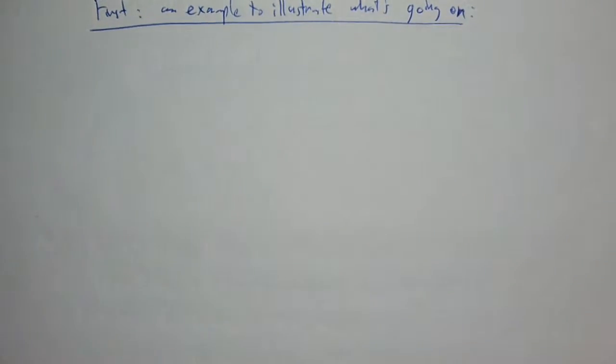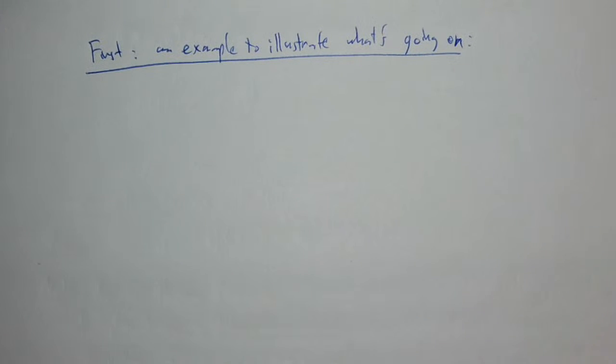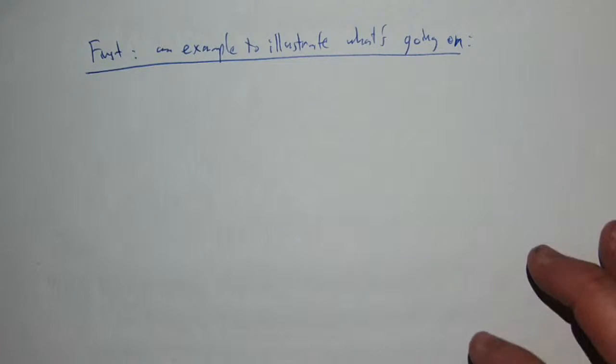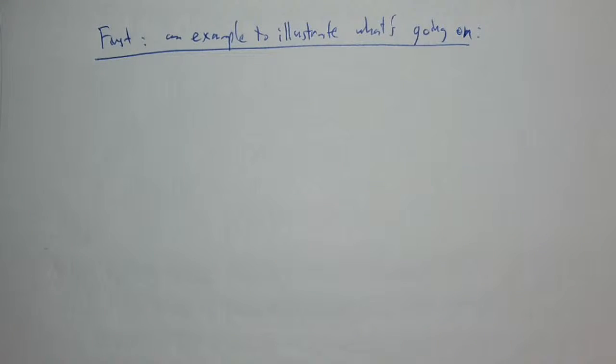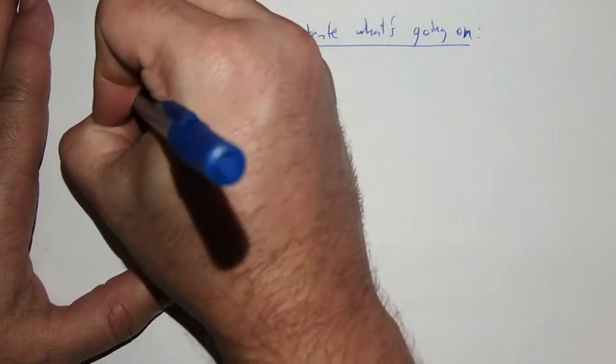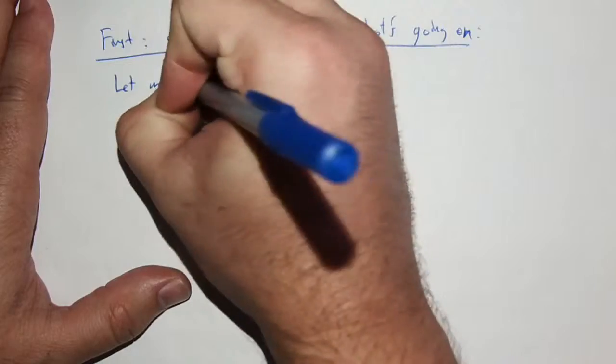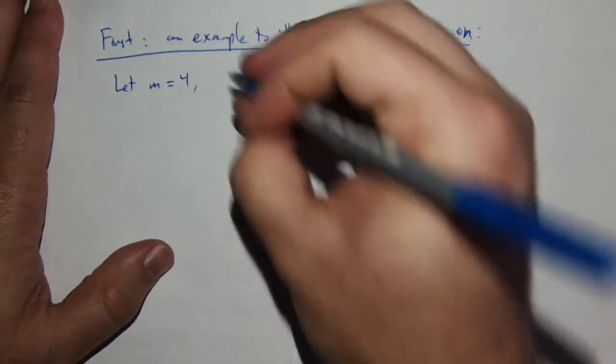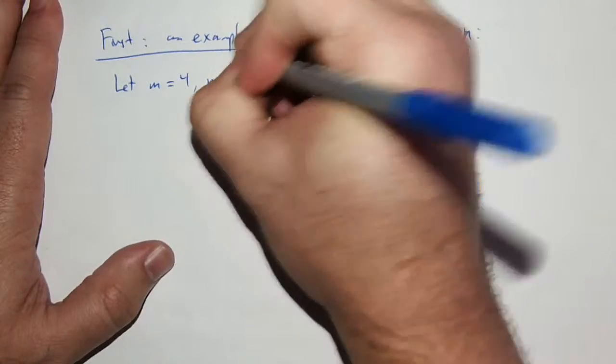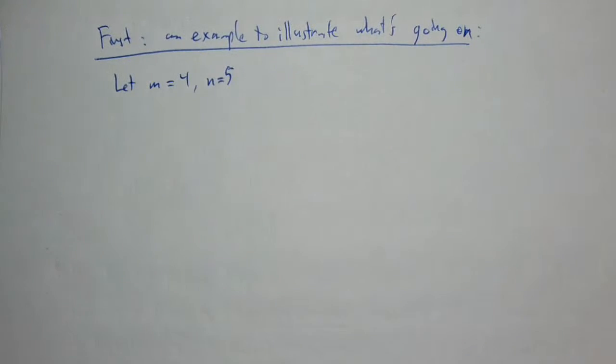I think it's important to see this proof, to see a particular type of bookkeeping that goes on with this stuff. And so to see what it is that's happening here, let's let M be 4 and N be 5. Okay, so let M be 4 and N be 5.